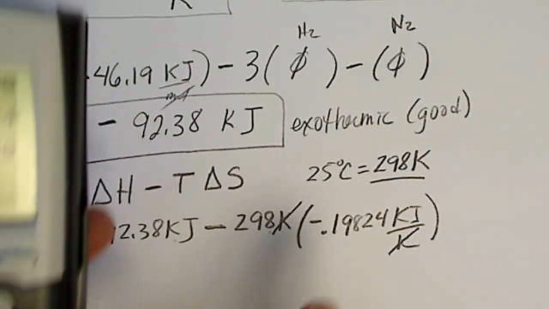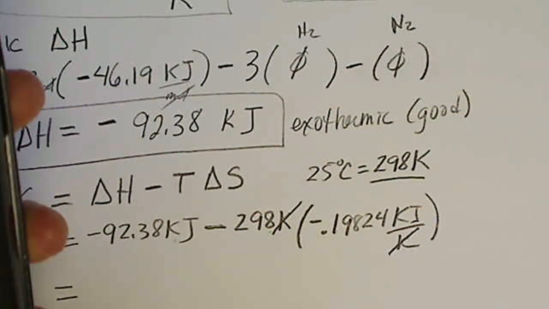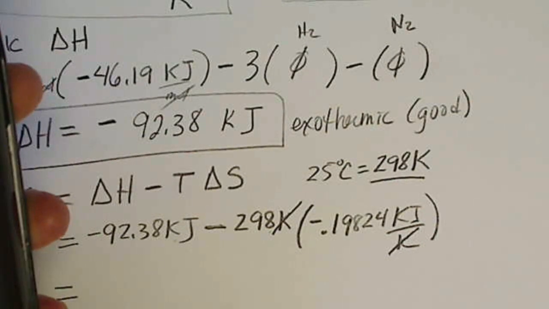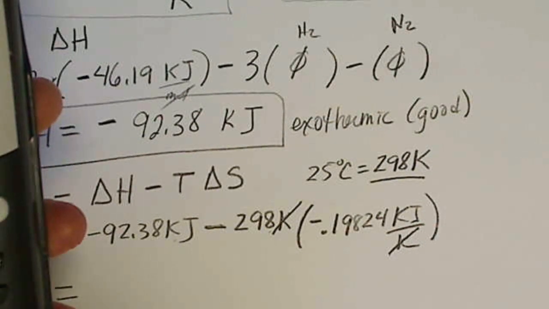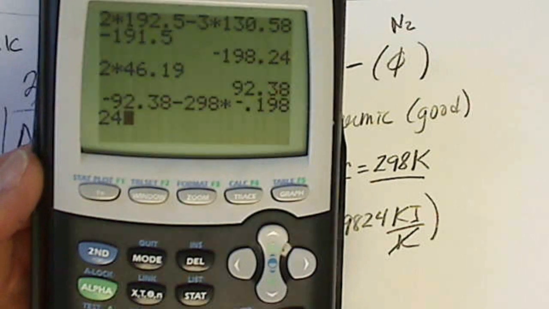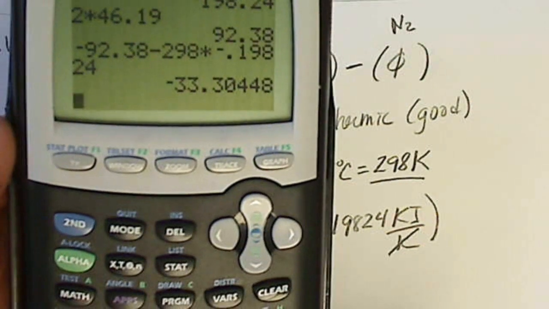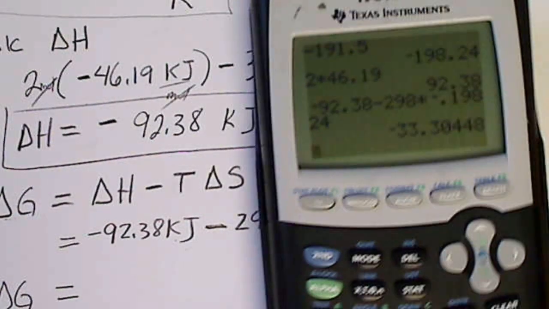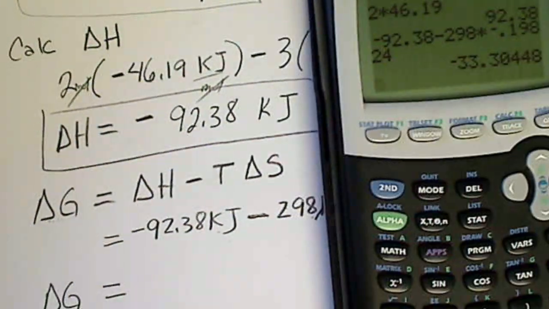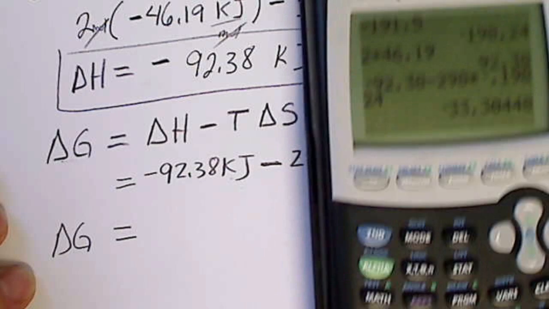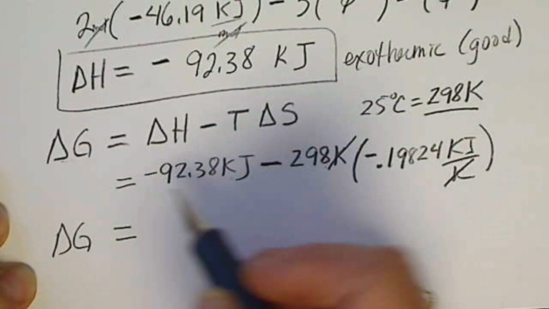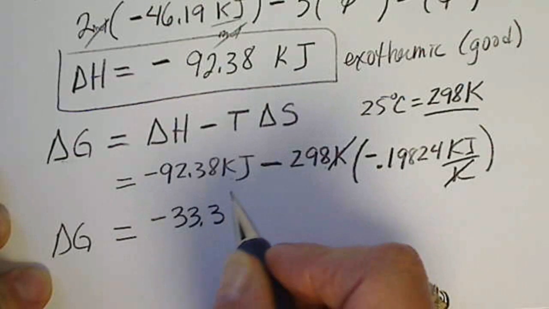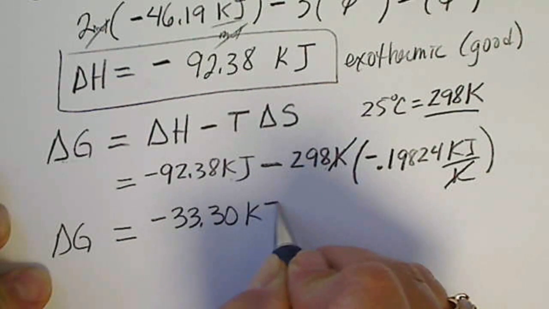And I'm going to subtract off minus 298 times negative 0.19824. So if I put all that in correctly, we get negative 33. So the units for delta G are also going to be in kilojoules. So we do this and we get negative 33.30 kilojoules.